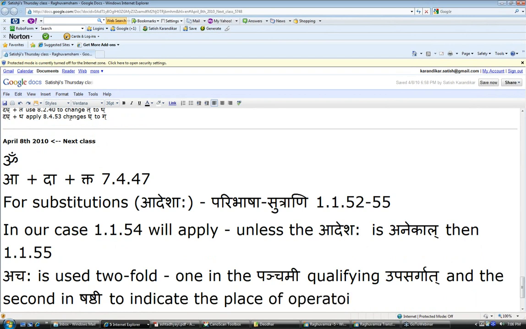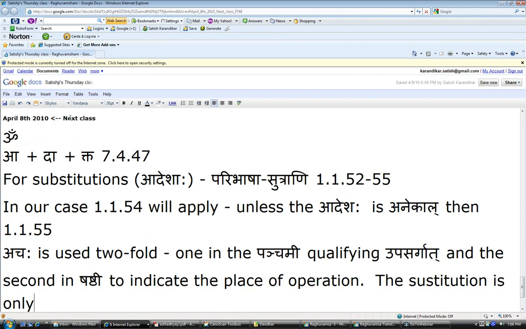So what finally we get as the meaning now is that this is done so that, okay, and the substitution is only ta, not the entire ta vidya, is only the letter ta. So the akara is uchcharanartham.